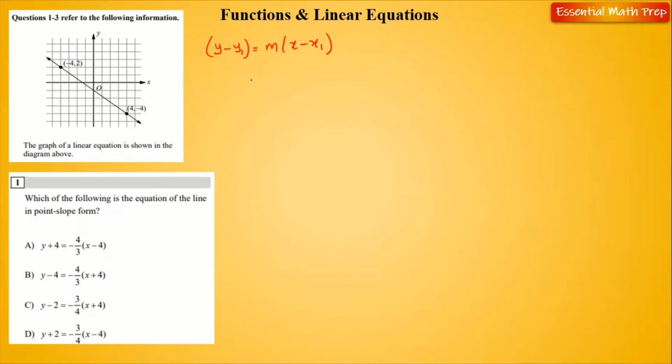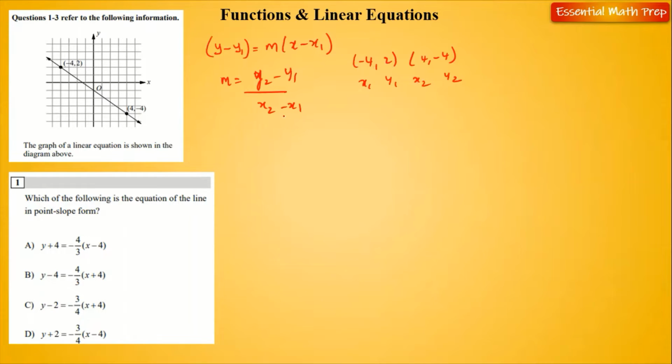So let's determine the slope, and slope is m, which is y2 minus y1 over x2 minus x1, right? So let's write our ordered pairs, minus 4 comma 2. As I said, it doesn't matter which order you put them, just don't mix the values. So this is x1 y1, this is x2 y2.